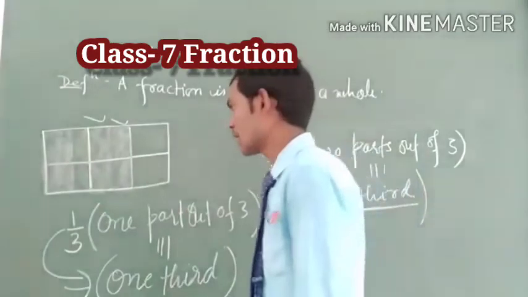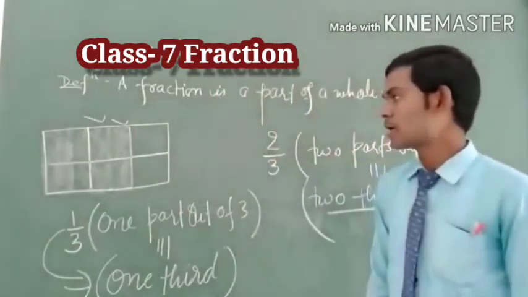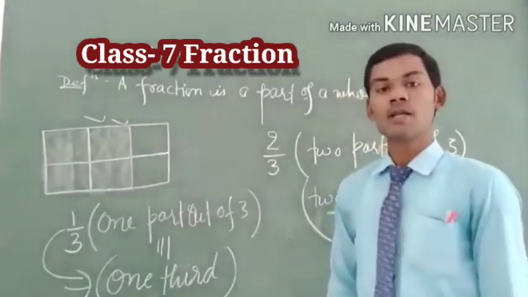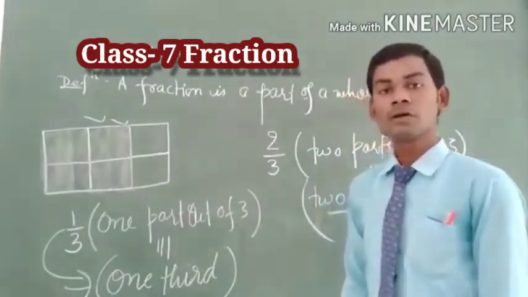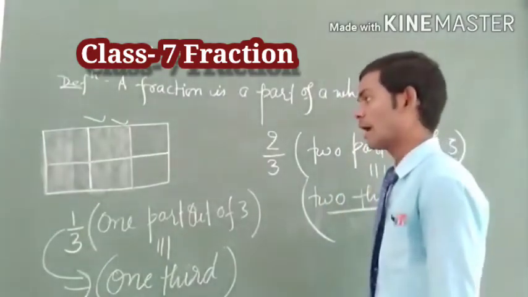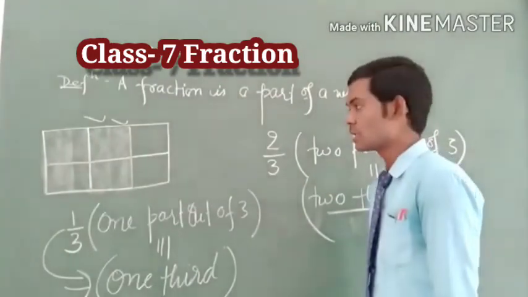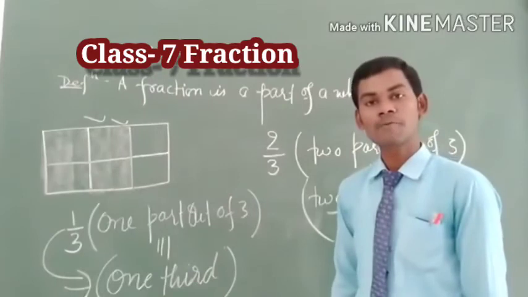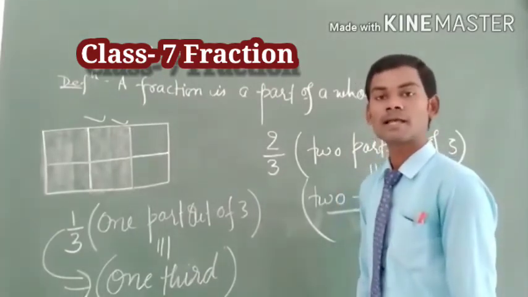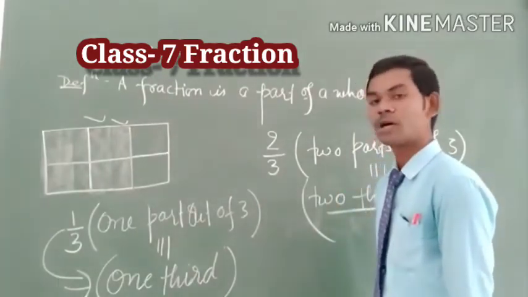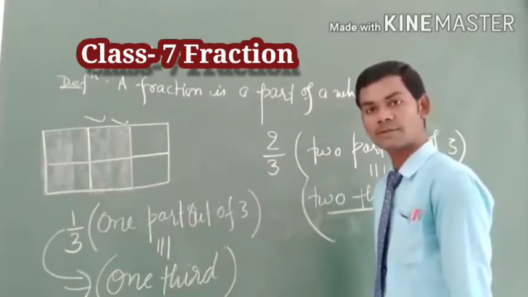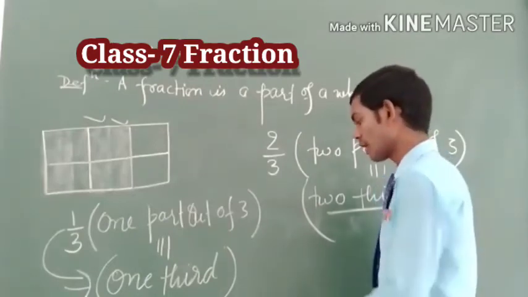Here we can see 6 equal parts, or we can say that a rectangle has been divided into 6 equal parts, and 4 parts out of 6 parts have been colored or shaded. How many parts? 4 parts. From how many? 6.